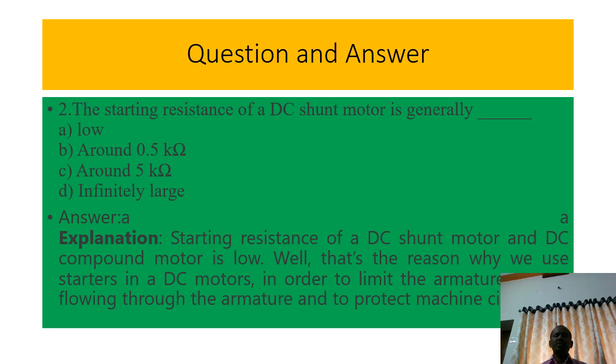Once again, I will read the question. The starting resistance of a DC shunt motor is generally A, low, B, around 0.5 kilo ohms, C, around 5 kilo ohms, D, infinitely large.